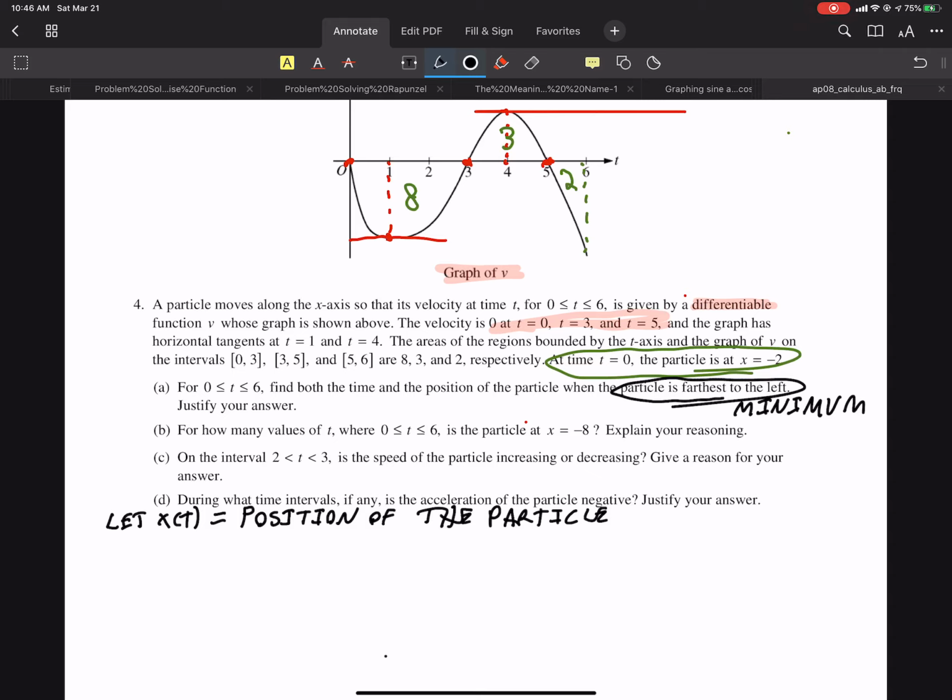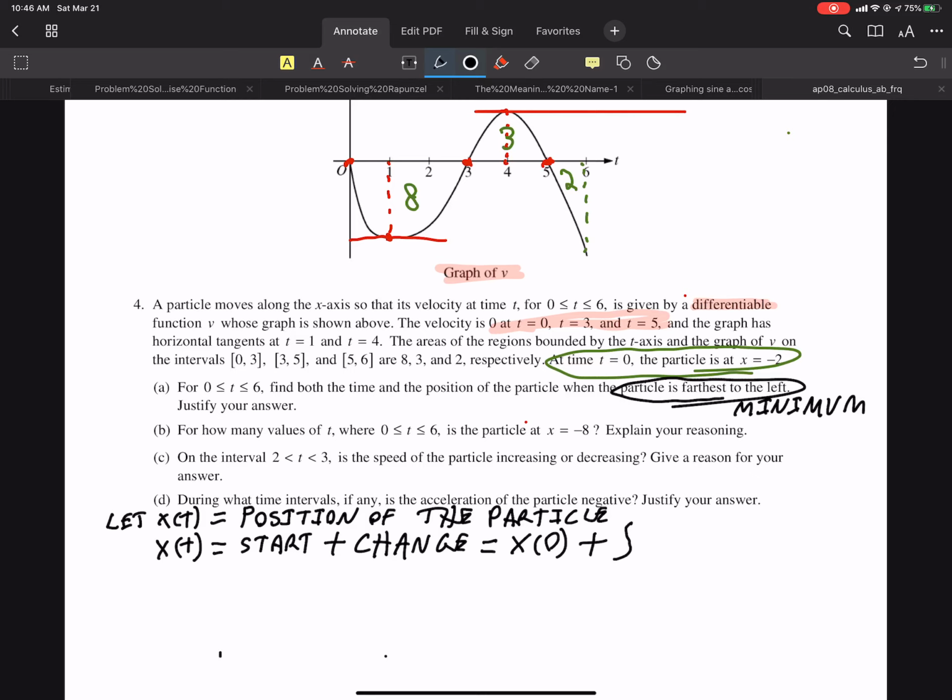But the position will be the starting position plus the change in position. The starting position is given to us, well, we know the position at 0.